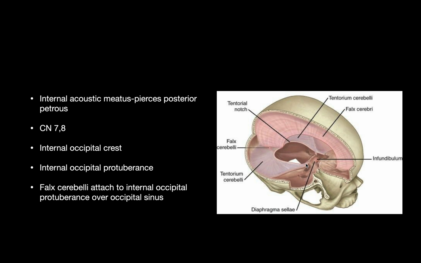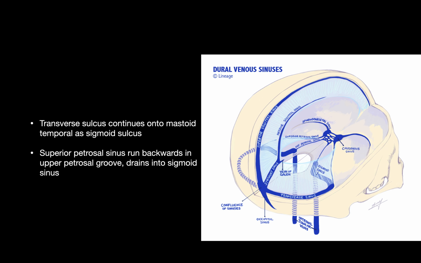The internal occipital crest and the internal occipital protuberance is what holds the falx cerebri intact over the occipital sinus. So the transverse sulcus continues onto the mastoid temporal as the sigmoid sulcus.